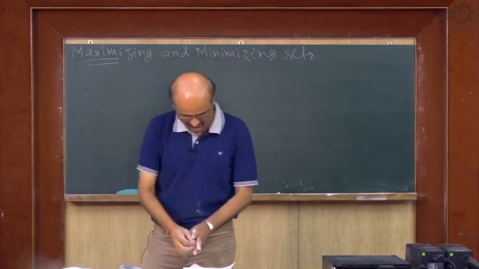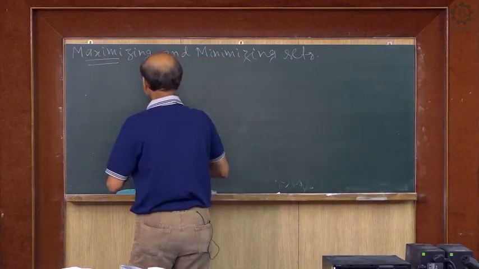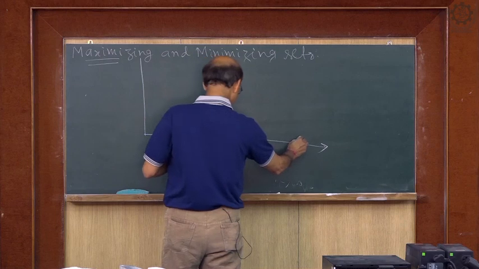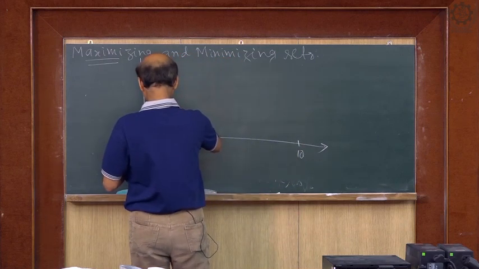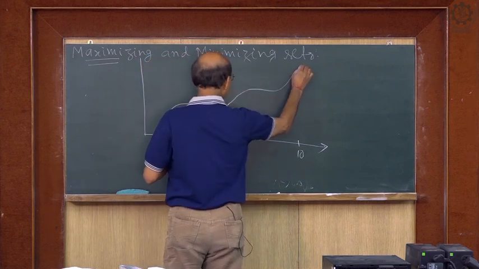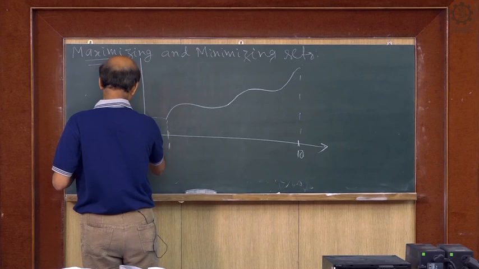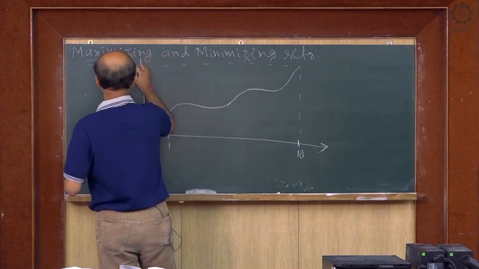Suppose I am given one f(x) like this, with values 1, 10, and the graph is like this. This is your 10 and this is your 20.